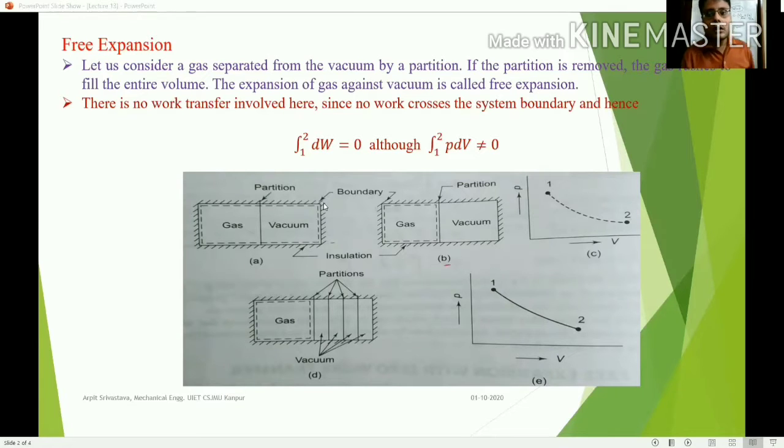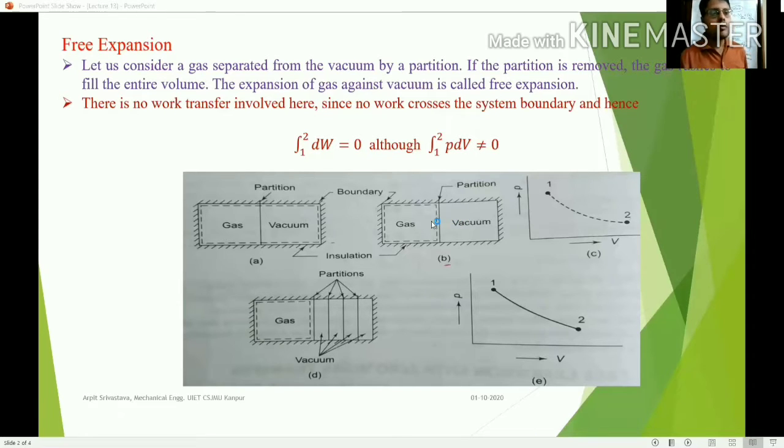Here, all the expansion process is happening inside this chamber, and the boundary is such that we put an insulating layer over it. So what is happening in this problem? All the gas expanded inside the boundary, and in the very first lecture, we already discussed that work and heat both are boundary phenomena.